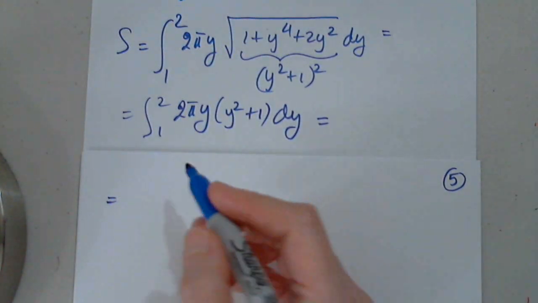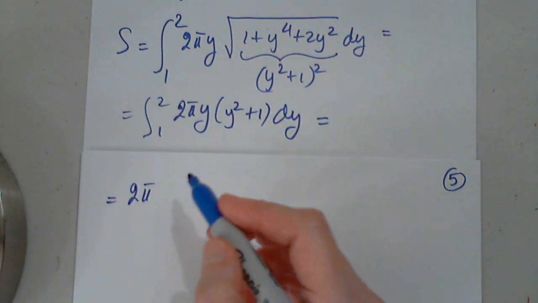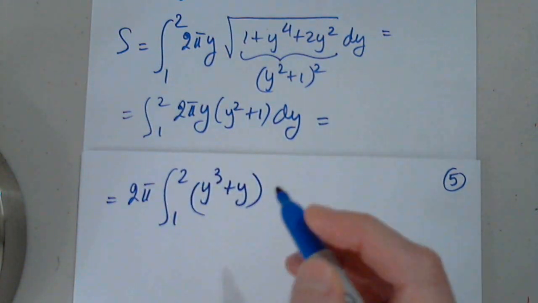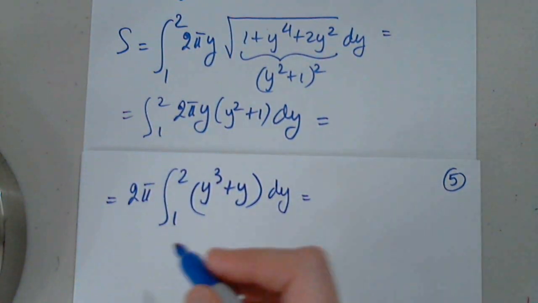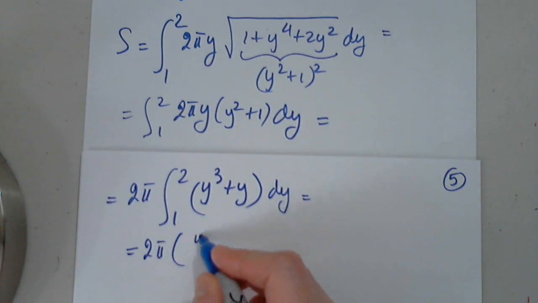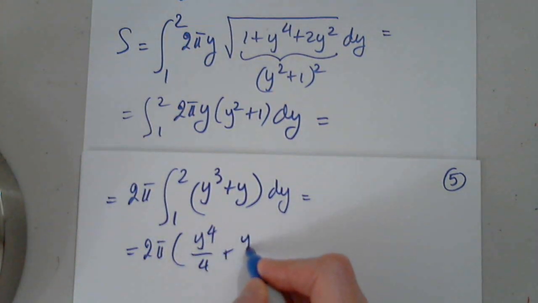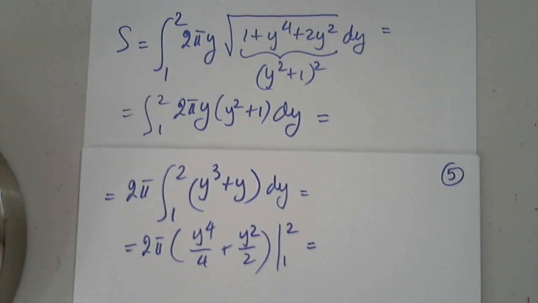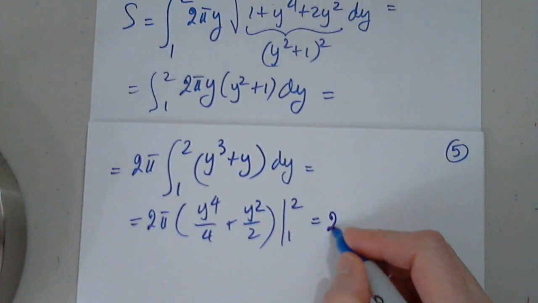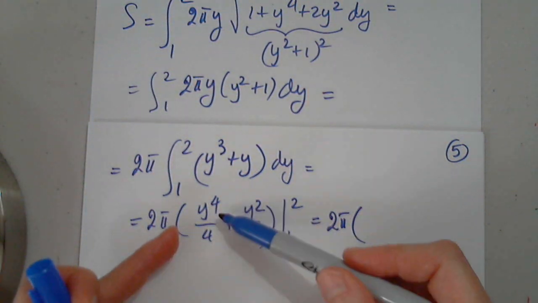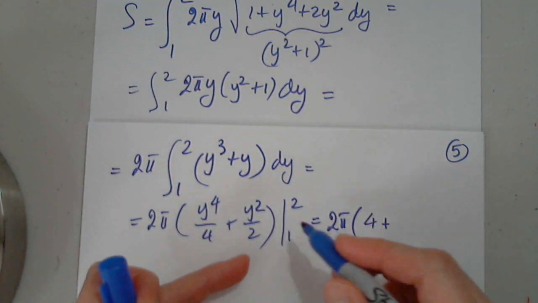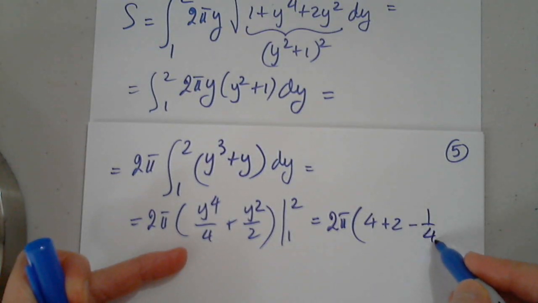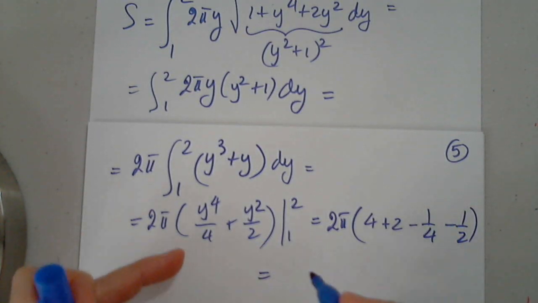Okay, so this will be 2 pi, the integral from 1 to 2 of (y to the 3rd plus y) dy, or 2 pi (y to the 4th over 4 plus y squared over 2) from 1 to 2. Okay, 2 pi, 16 over 4 is 4, 4 over 2 is 2, minus 1/4 and minus 1/2.